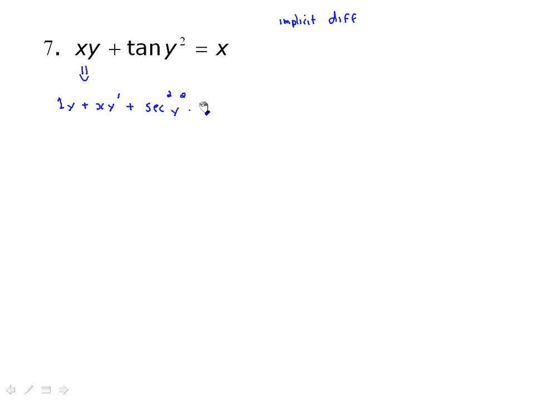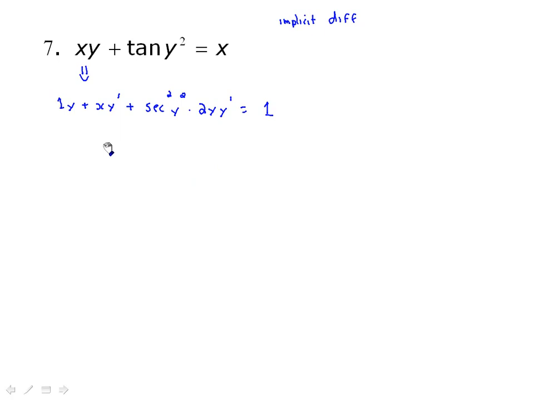Well, the derivative of the inner is 2y times y prime. So remember, with implicit differentiation, when you're taking the derivative of y with respect to x, all you can do is write it as y prime. But it really does follow chain rule procedures completely. And then the derivative on the other side is just plain 1.